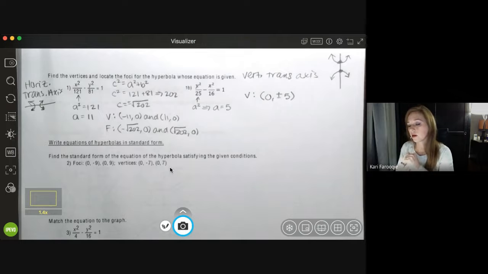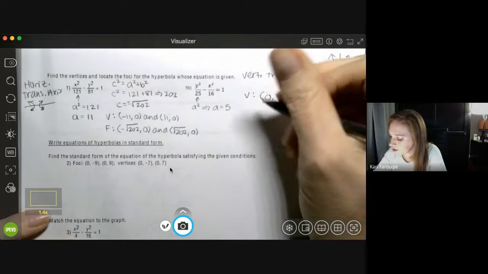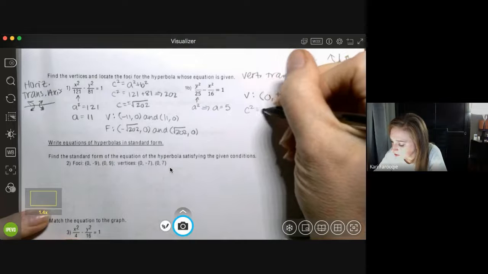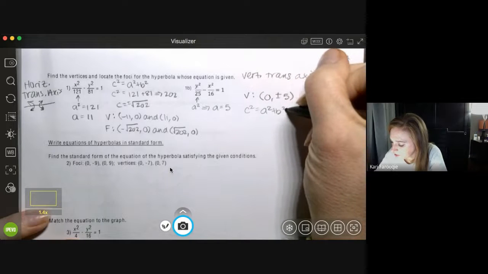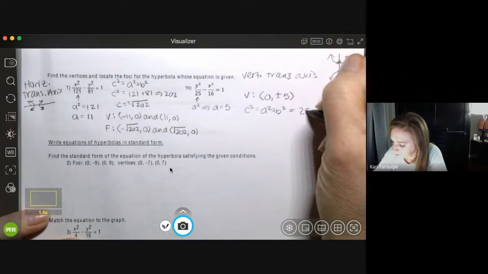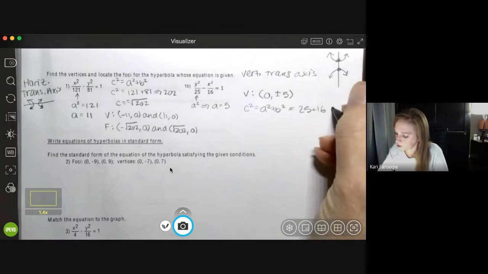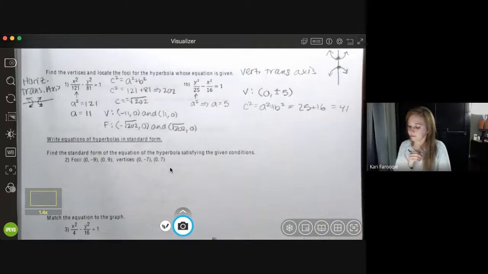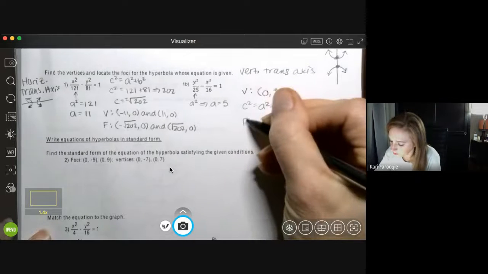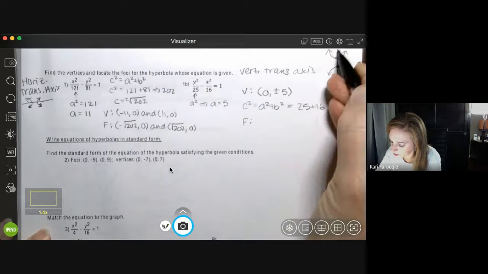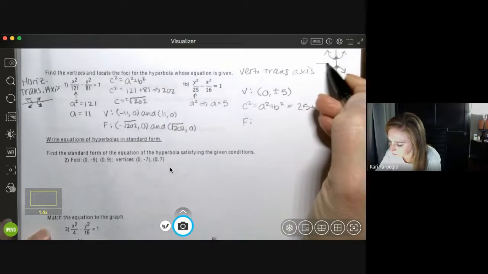Okay. For the foci, we're going to find the value of C. So we know that C squared is A squared plus B squared, which is 25 plus 16, which is 41. So we know the foci also have to lie along this transverse axis.